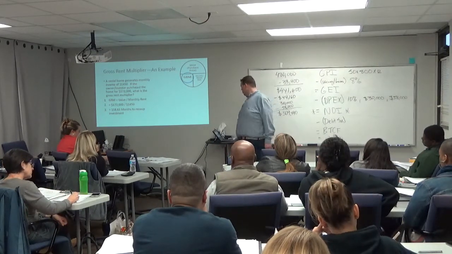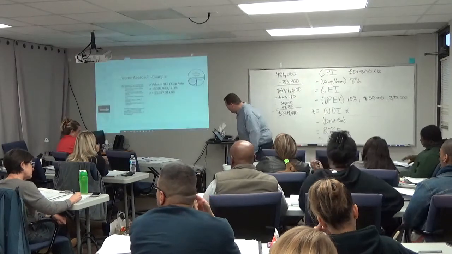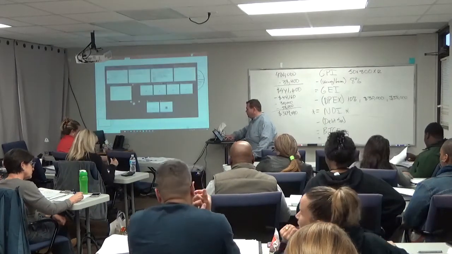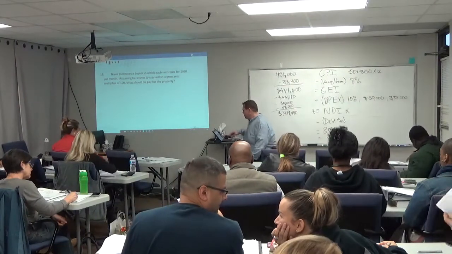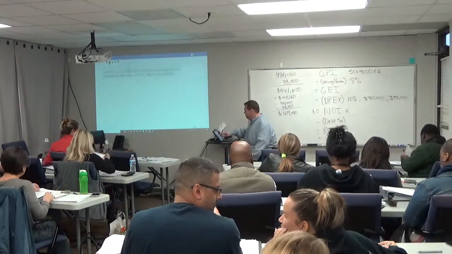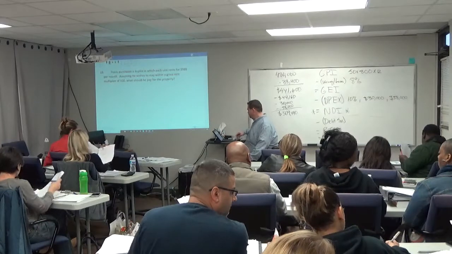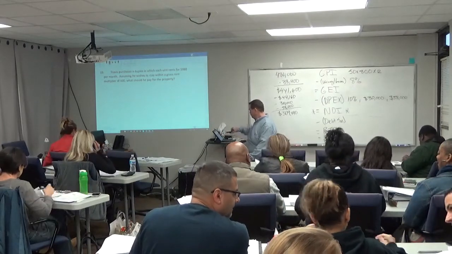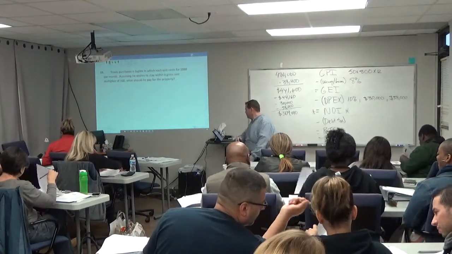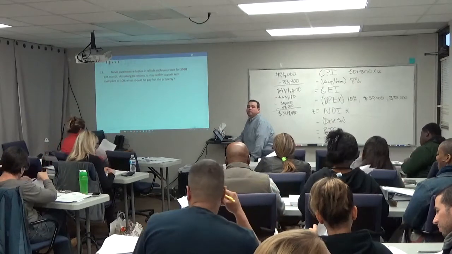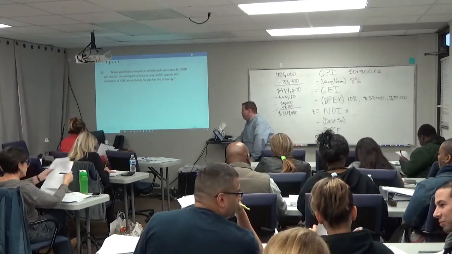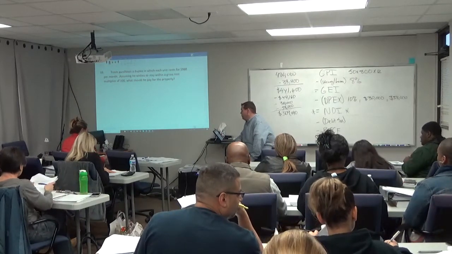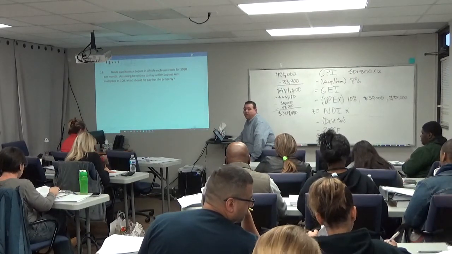All right? So on your little packet again, we'll go back. Make sure you've seen at least one example of this. Number 19. Says Travis purchases a duplex in which each unit rents for $980 per month.